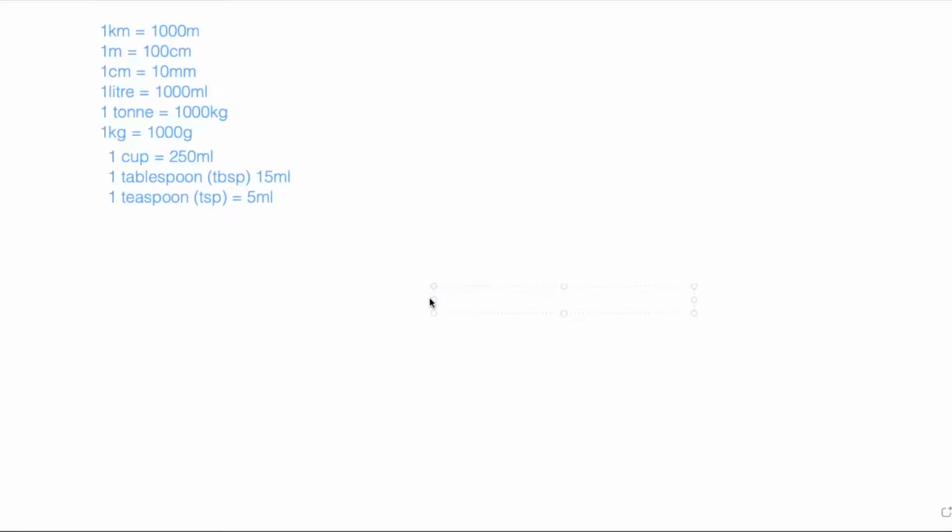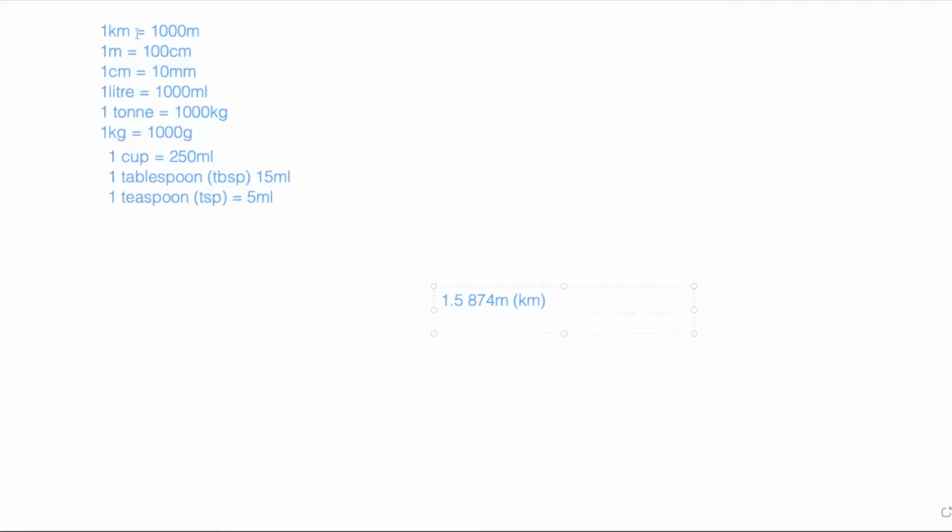Let's go to 1.5. And 1.5 says 874 meters. We convert that to kilometers. Well, a kilometer is longer than a meter, which means when we convert from a meter to a kilometer, we divide. So, how many meters in a kilometer?